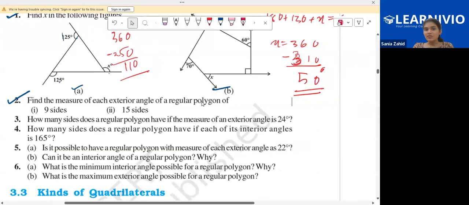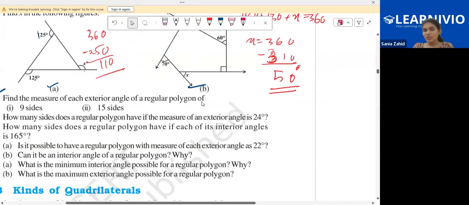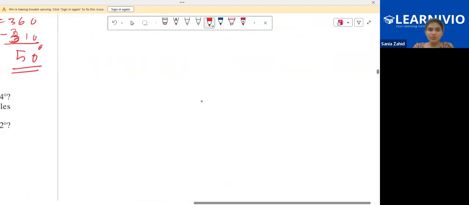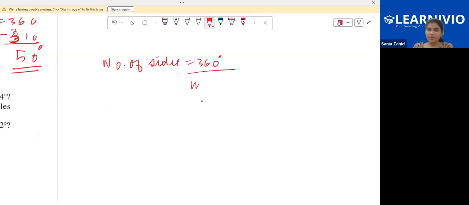Now, the second one says, find the measure of each exterior angle of a regular polygon of 9 sides. So what formula did I teach you? Number of sides is equal to 360 degrees divided by the measure of each exterior angle.